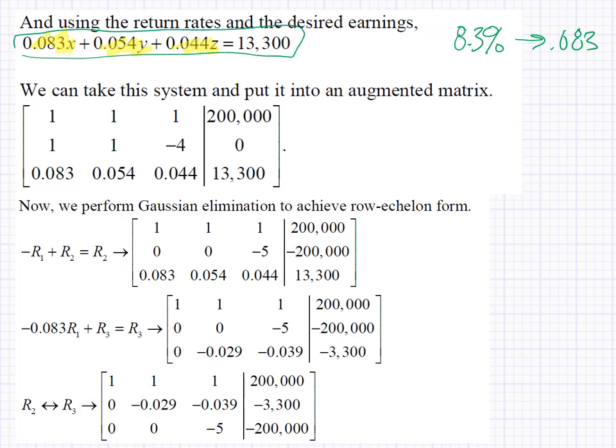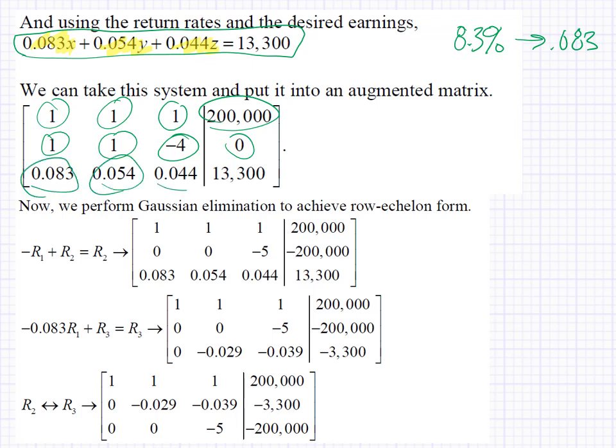All right. So if we take those 3 separate equations we just created, so the 2 in the previous slide, and then this third one, the x plus y plus z equals 200,000, the x plus y minus 4z equals 0, and now this one, 0.083x plus 0.054y plus 0.044z equals 13,300, we now have our 3 equations created in our augmented matrix.